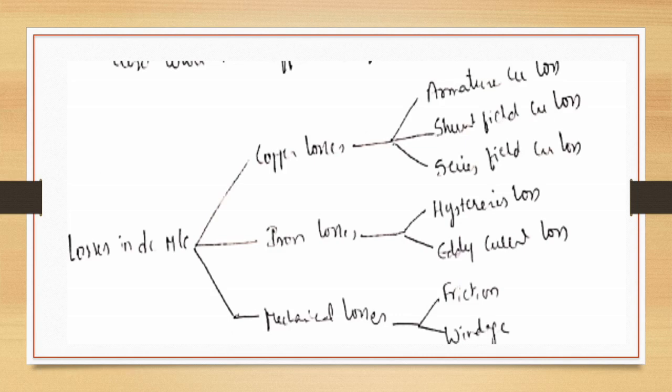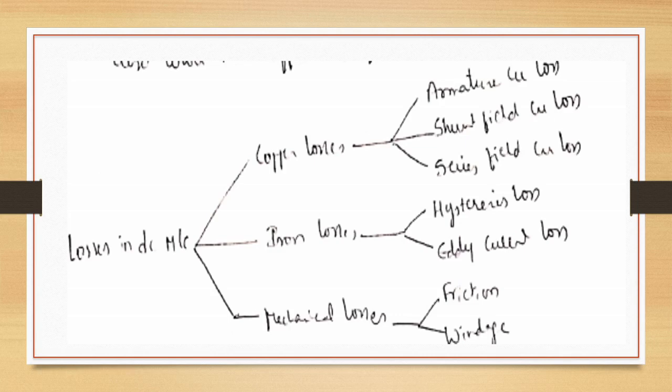Hysteresis and eddy current losses also we have seen. So what is hysteresis loss? Hysteresis loss is nothing but the property of a magnetic material to restrict the magnetic reversal. So some amount of energy will be lost, that is called hysteresis loss.